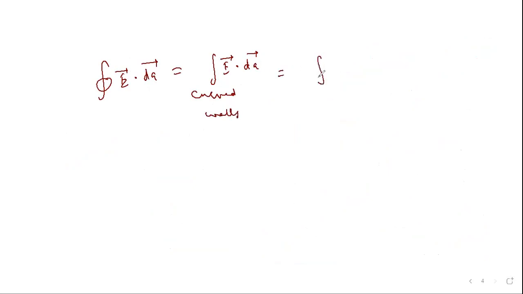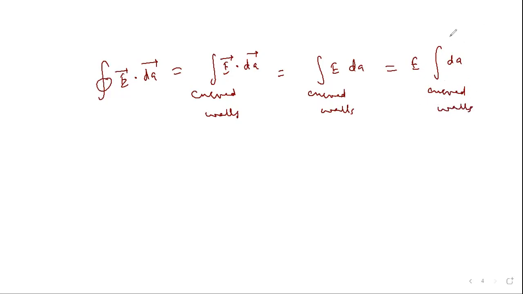which is simply, first I write E dA over the curved walls. So the dot product goes. Then I can write E outside, then dA over the curved walls.